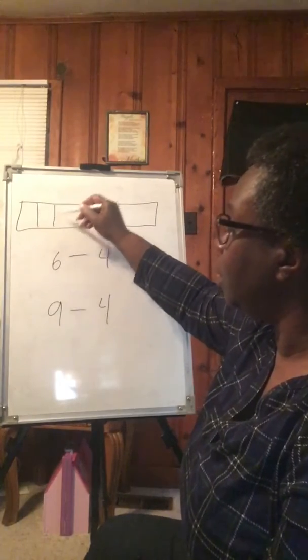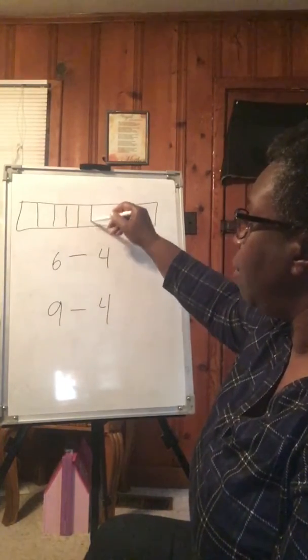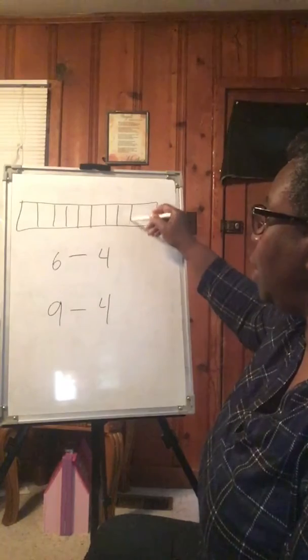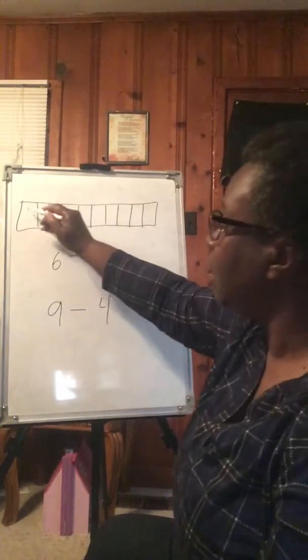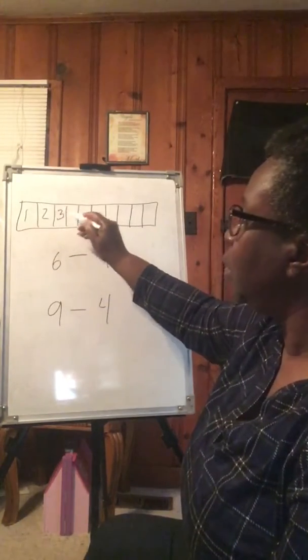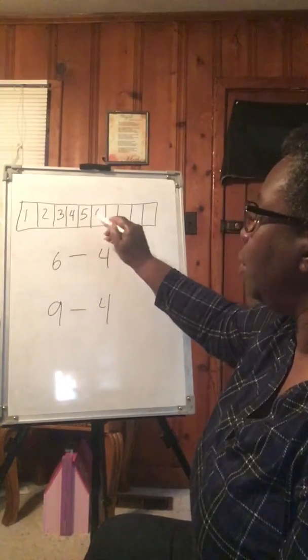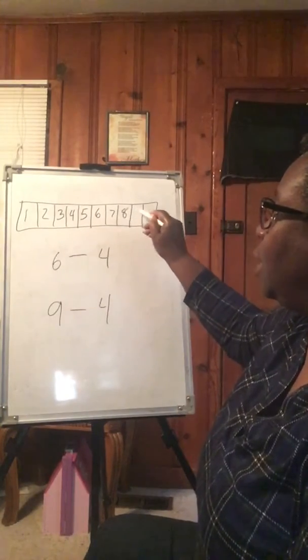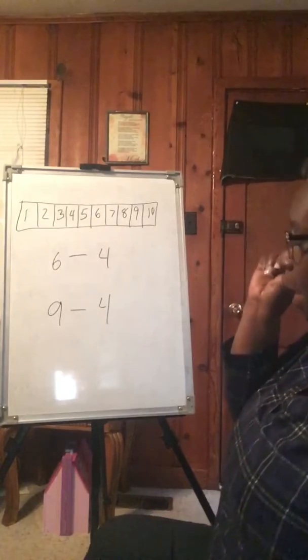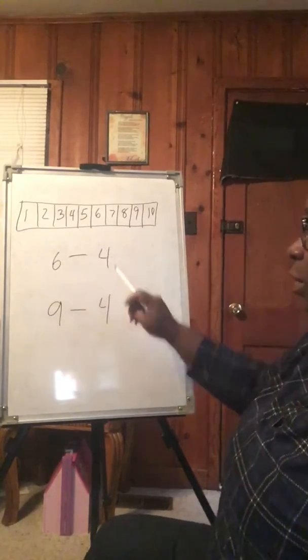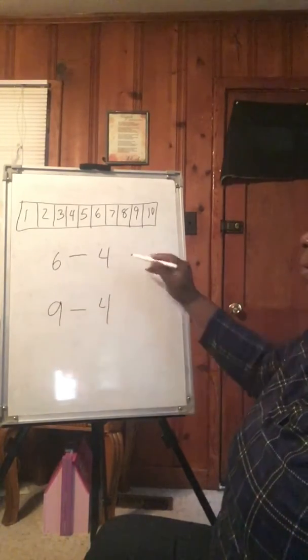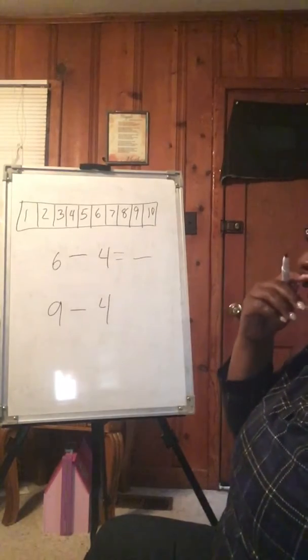1, 2, 3, 4, 5, 6, 7, 8, 9, 10. So we're going to solve this one first, and then we're going to look at this one. So let's find out the answer to the first one.